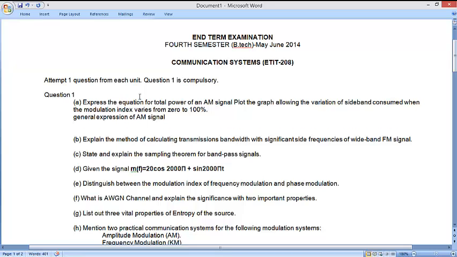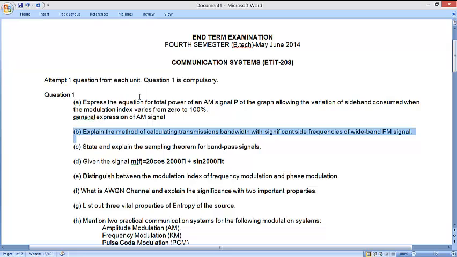Next question is that you have to explain the method of calculating transmission bandwidth with significant side frequencies of wideband FM signal. So here you have to calculate the transmission bandwidth by using Carson rule, and you need to present it mathematically as well.